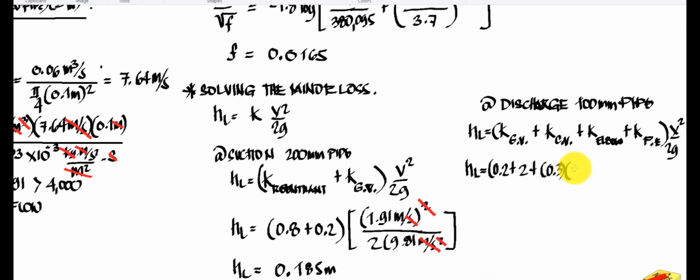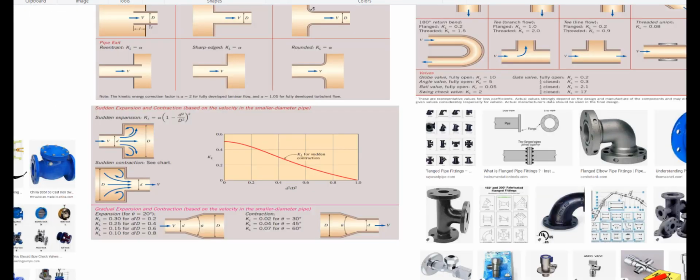Okay. So for the pipe exit, checking the figure or figure table, so reentrant pipe exit, so KL is these symbols. So note, base dito, we have the kinetic energy correction factor is 2 for fully developed laminar flow and 1.05 for fully developed turbulent flow.